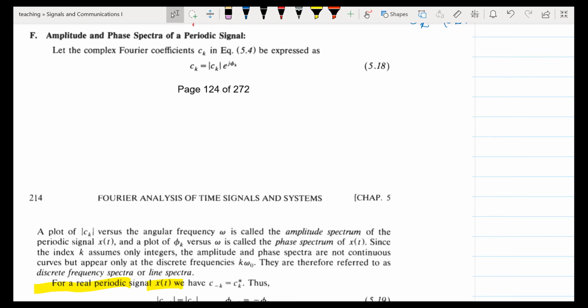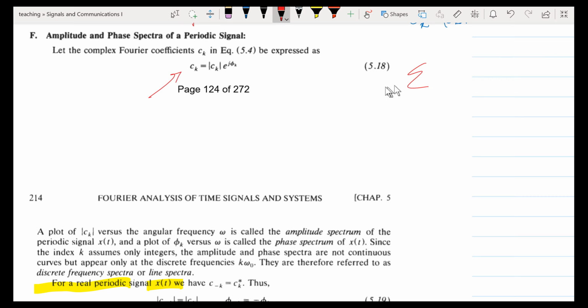If we have the Fourier series representation of a periodic signal, we can always derive the amplitude spectra and phase spectra from the complex Fourier series coefficient Ck. So assume we have Ck defined, as we remember how we defined Ck.